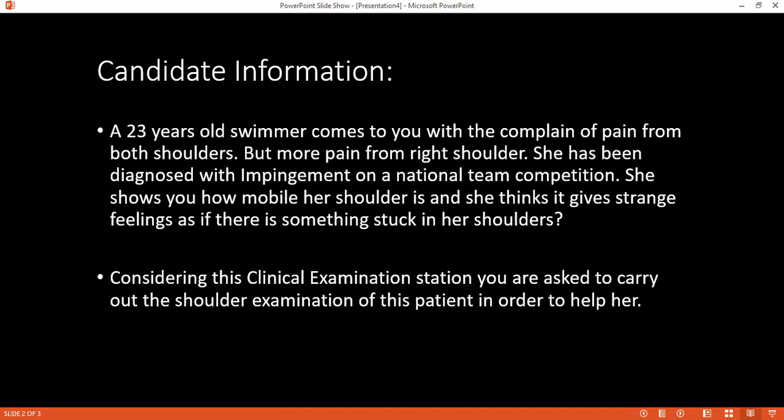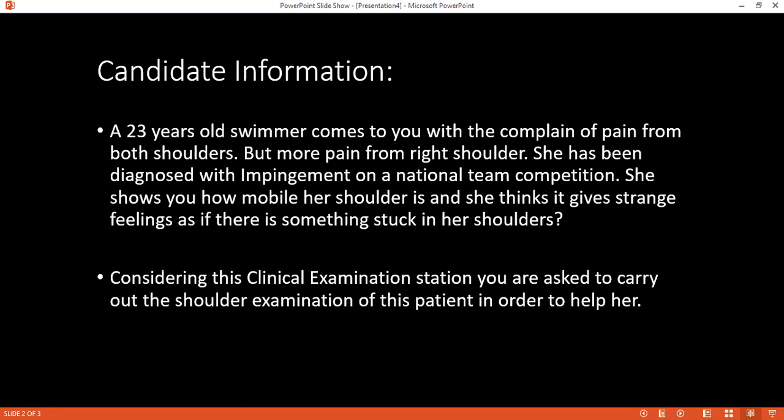After checking for the temperature, I'll palpate the bony landmarks for tenderness, starting from the midline: firstly the sternoclavicular joint, and then going laterally over the clavicle to the AC joint, that is the acromioclavicular joint, then the acromion, then the greater tuberosity, the biceps tendon, going posteriorly to the spine of the scapula from medial to lateral, and then the angle of the scapula and medial margin, looking for any tenderness over that area.